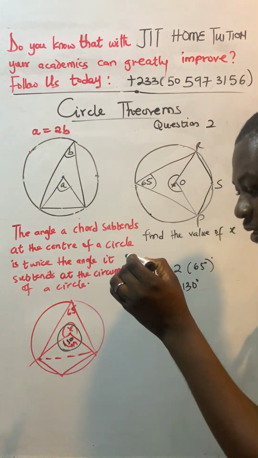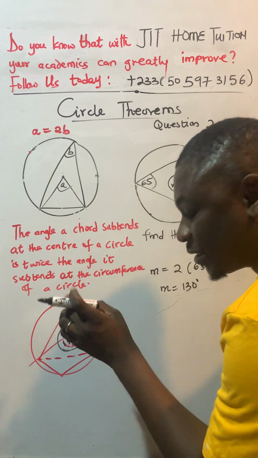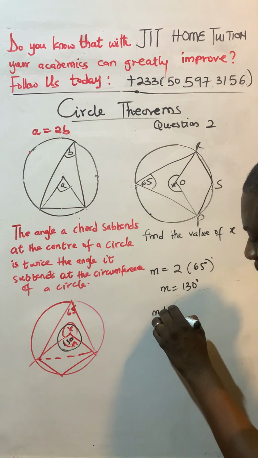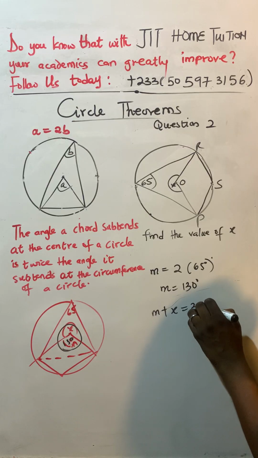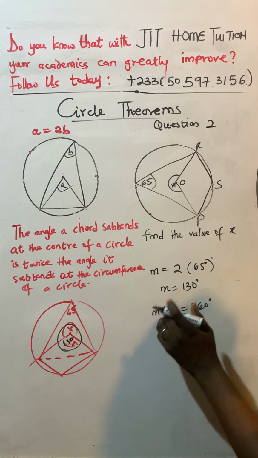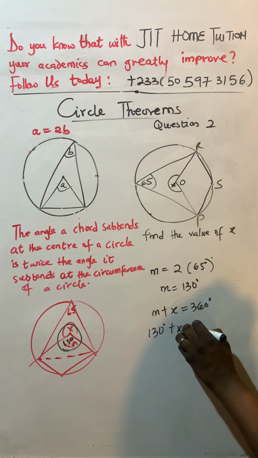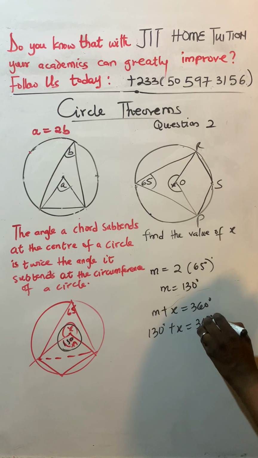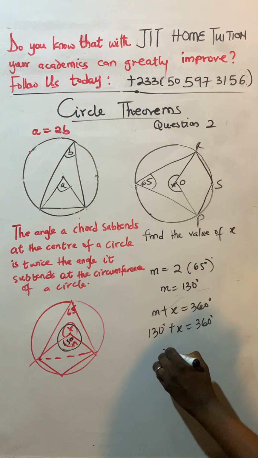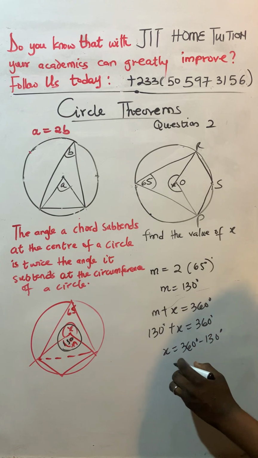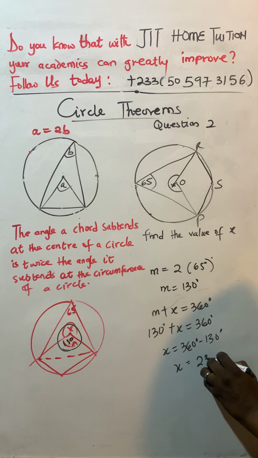The summation of this and that is equal to 360. So M plus X is equal to 360 degrees. But what is M? We've calculated it, which is 130 degrees. So 130 degrees plus X equals 360 degrees. So X should be equal to 360 degrees minus 130 degrees. And what do you have? 230 degrees.